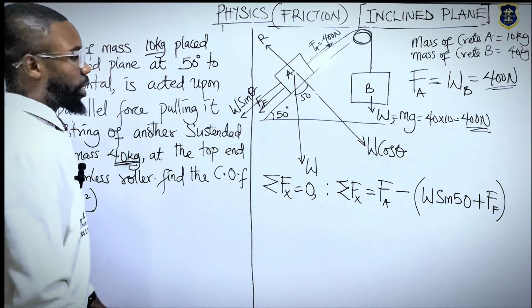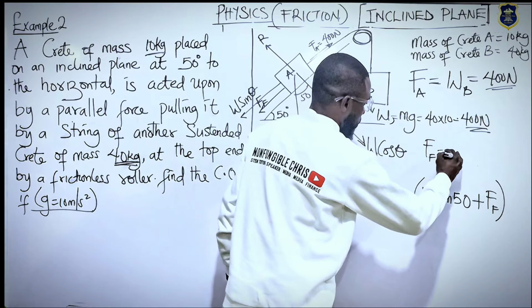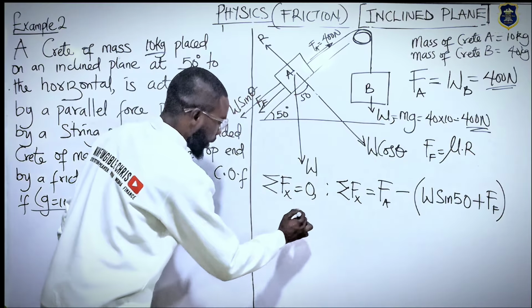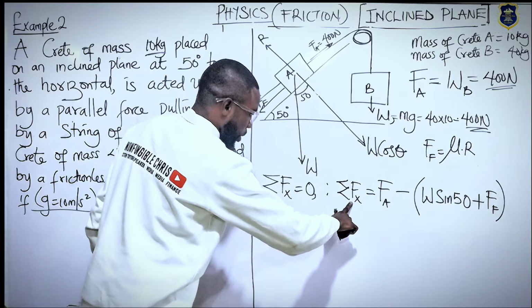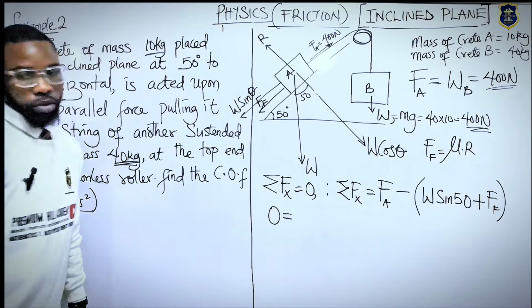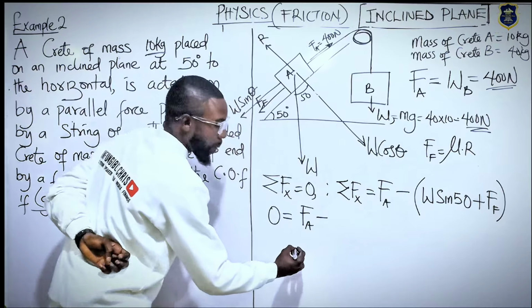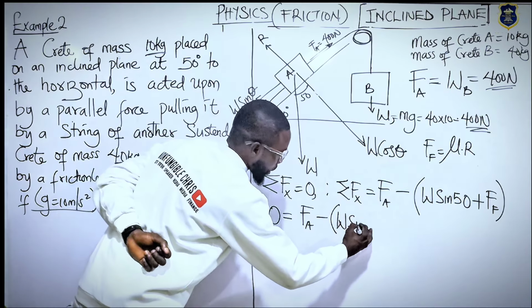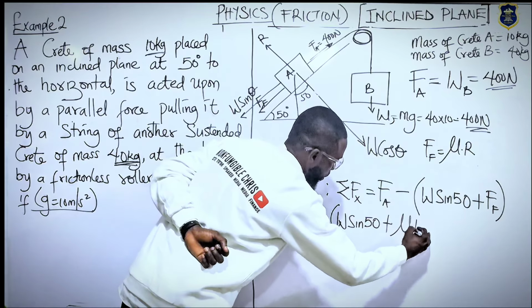By right, we know that frictional force is equal to mu R. So we have 0 equal to, because summation of force along the x-axis is 0, force of A minus W sine 50 plus mu R.